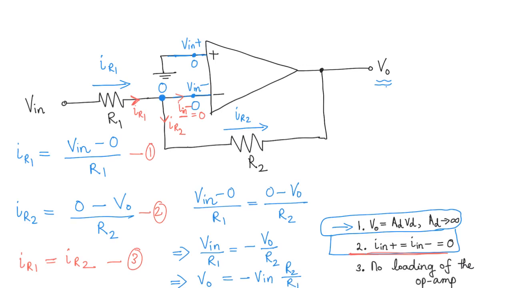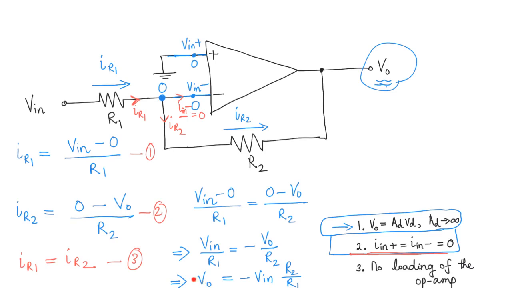And now you can see that we started off by saying we are going to assume our output voltage to be finite. And you can see that if our input is finite here, and if R1 is not equal to 0, then the output is finite.